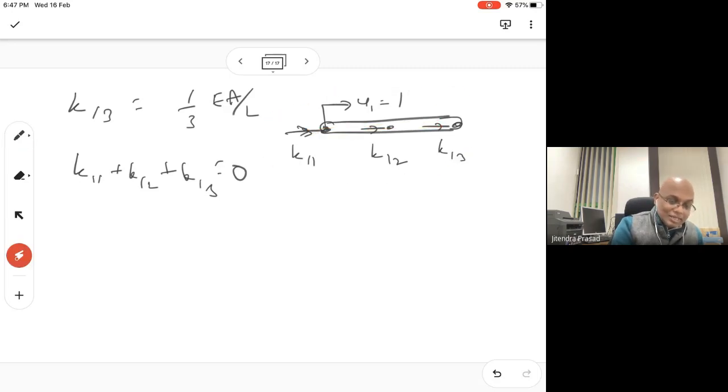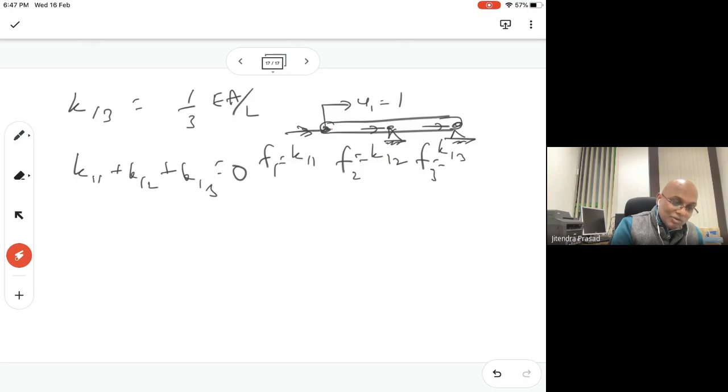You are fixing the other two nodes, giving unit displacement here, and measuring the forces. F1 is equal to this, F2 is equal to this, and F3 is equal to this.